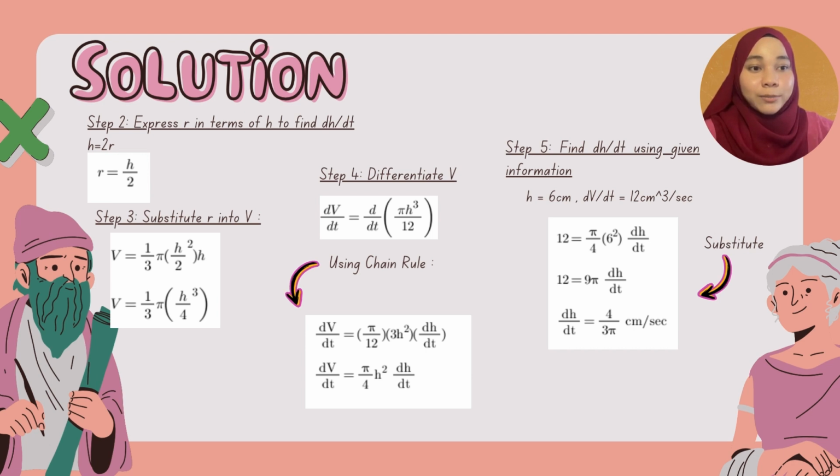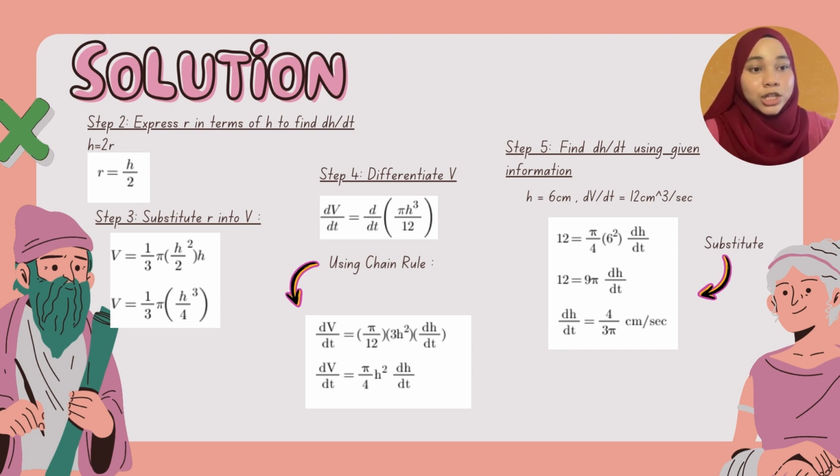And then for step 3, we need to substitute the r into the V formula, which is V is equal to 1 over 3 pi (h over 2) squared h. And then we get V is equal to 1 over 3 pi h cubed over 4. And then for step 4, we need to differentiate V, which is dV over dt is equal to d over dt of (pi h cubed over 12).